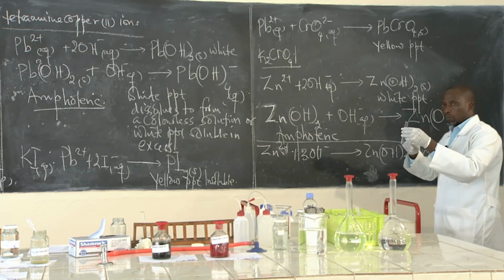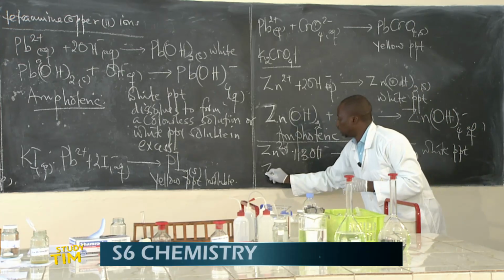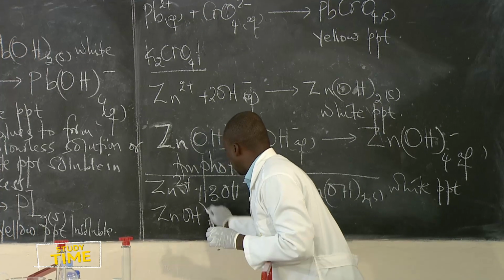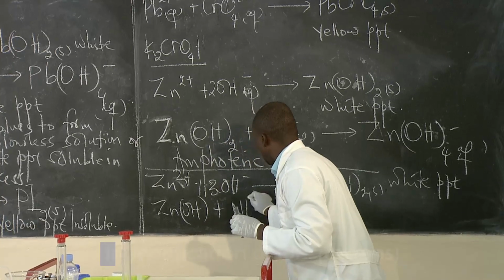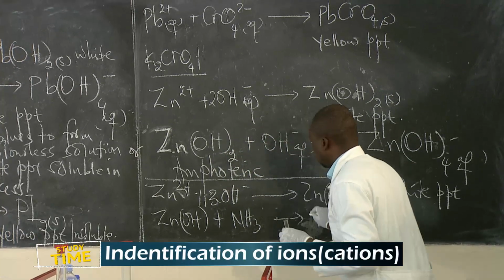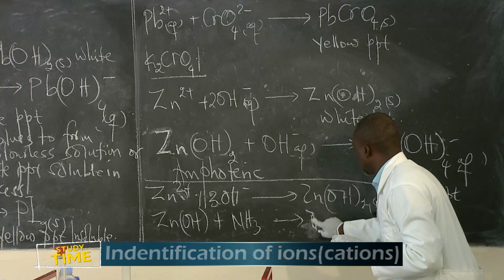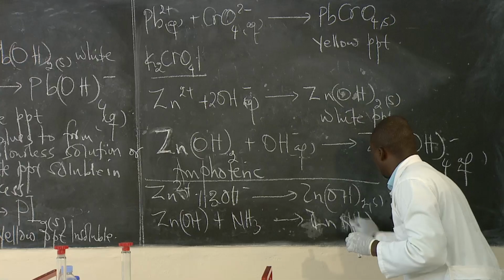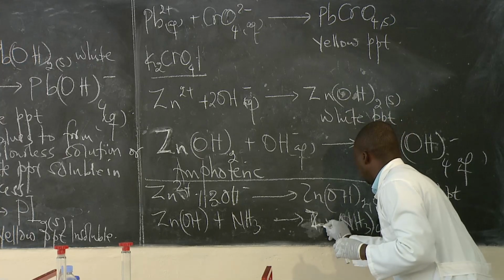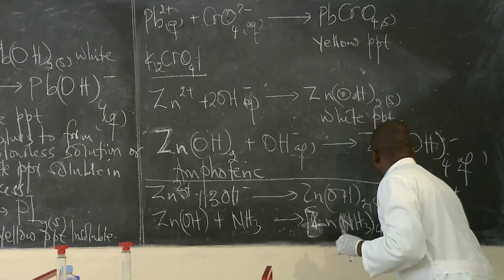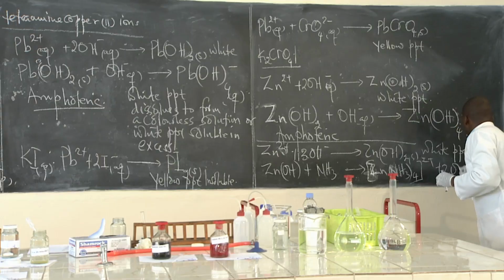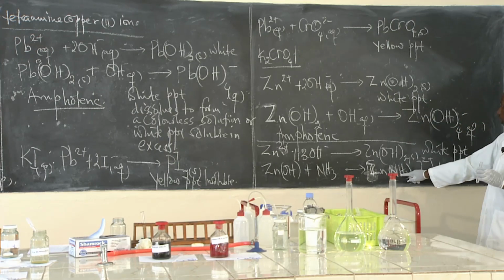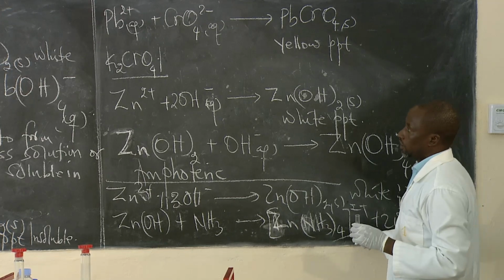Then this zinc hydroxide combines in excess ammonia and forms a complex compound of zinc, which is tetraammine zinc 2 ions.